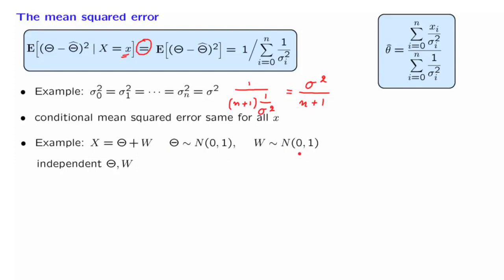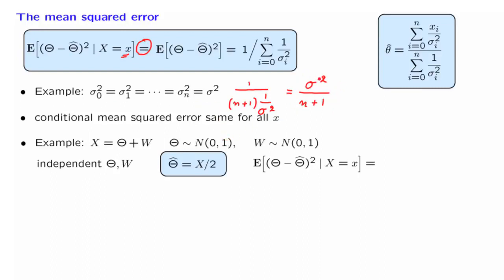We did go through that example, and we found that the estimator, the maximum a posteriori probability estimator, was 1/2 of the observation. And now we are in a position to also calculate the conditional mean squared error given any particular observation. We apply this formula. In fact, we're dealing with this special case with sigma equal to 1.